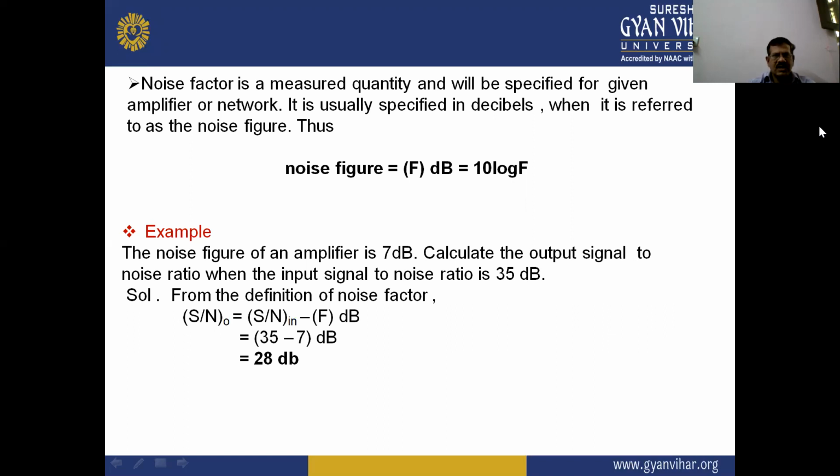So noise factor is a measured quantity and will be specified for a given amplifier or network. It is usually specified in decibels, when it is referred to as the noise figure. These are some examples to calculate the noise figure with the help of given data.